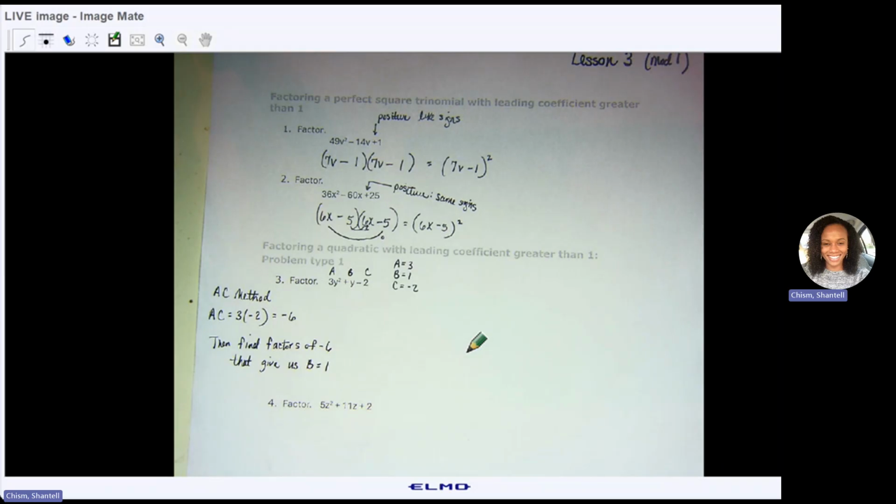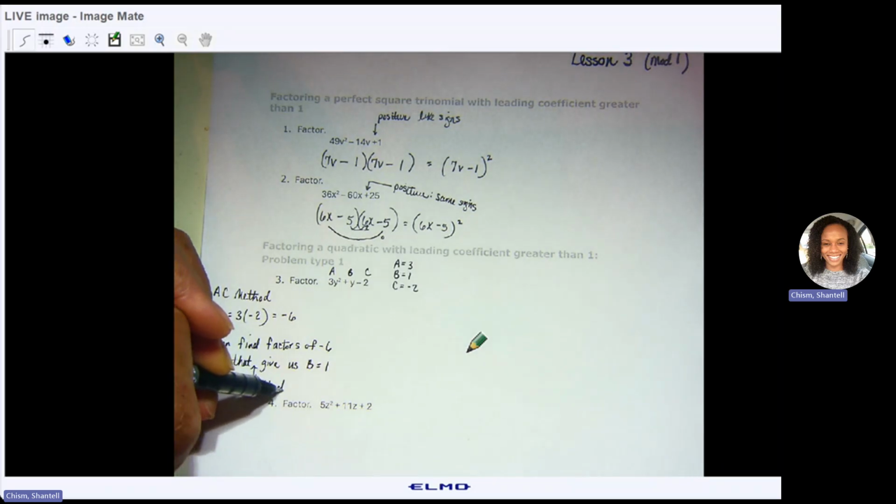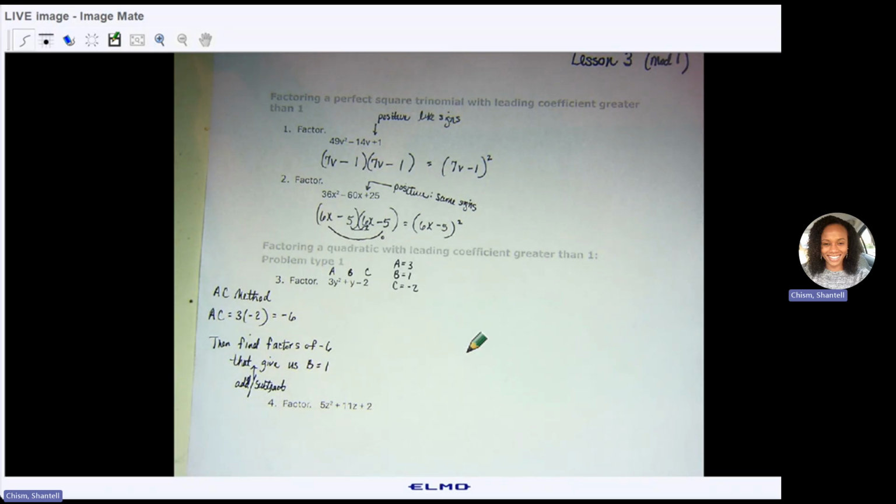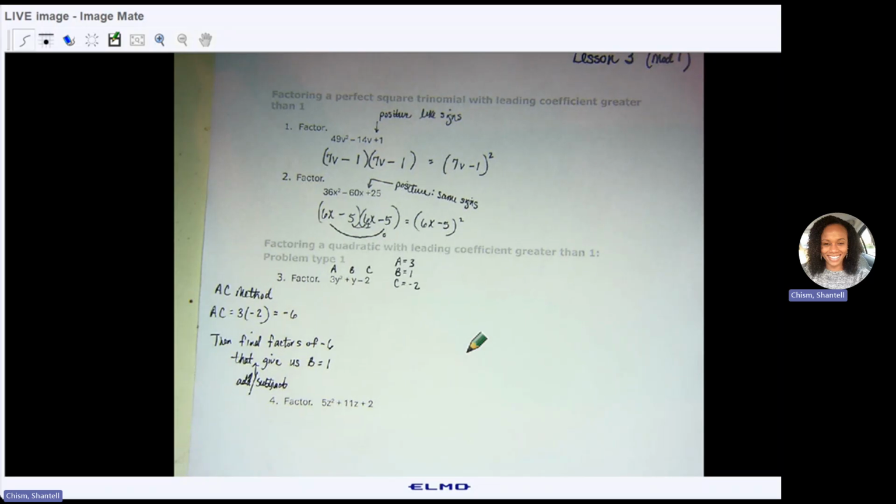That will add to give us 1. I should have said that. Add, and maybe I need to say slash subtract, because they may have different terms. And of course, they may have different signs. And of course, when they have different signs, they technically are subtracting to give you the middle term, the B. So factors of 6 that will add or subtract to give us B, okay?